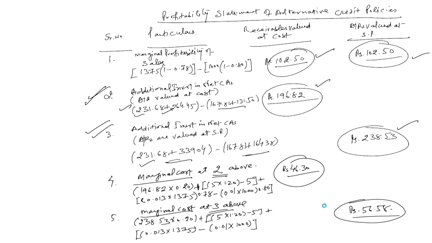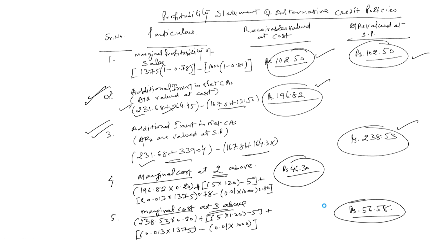One thing was the marginal profitability, which was found to be 102.50 crores. Then we found the additional investment. When the receivables are valued at cost, it was 196.82, and when the receivables were valued at selling price, it was 238.53.